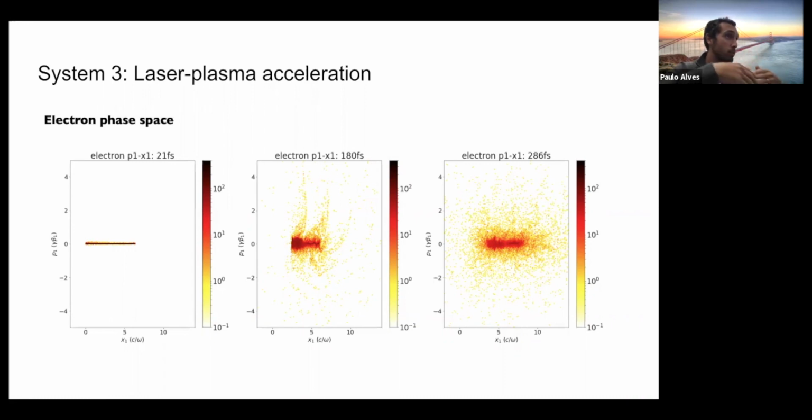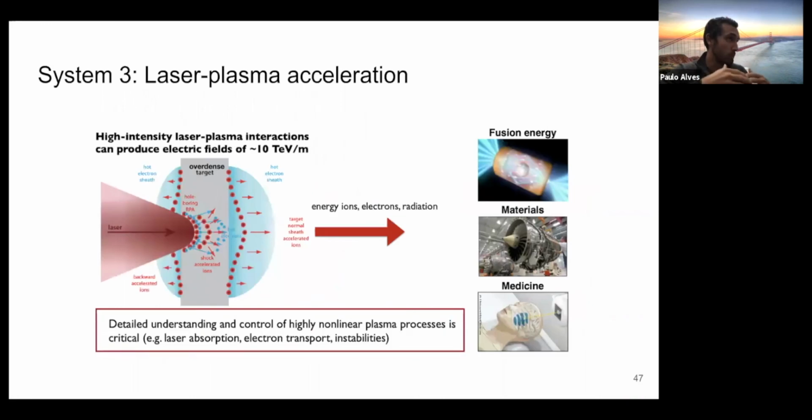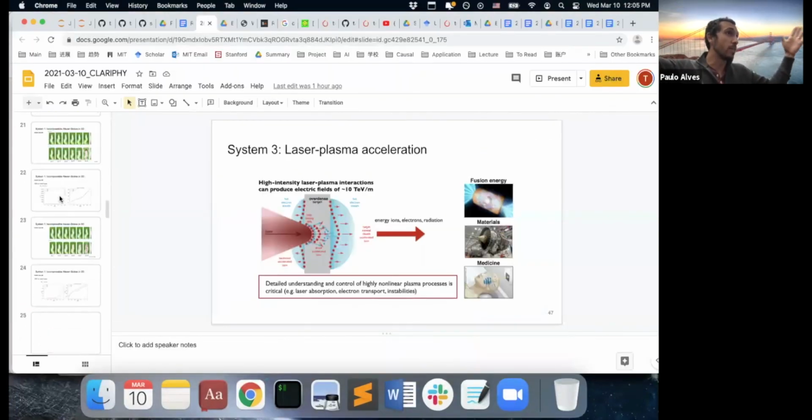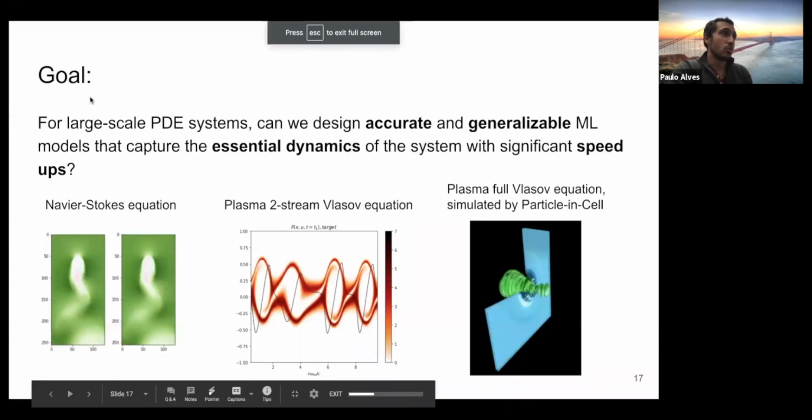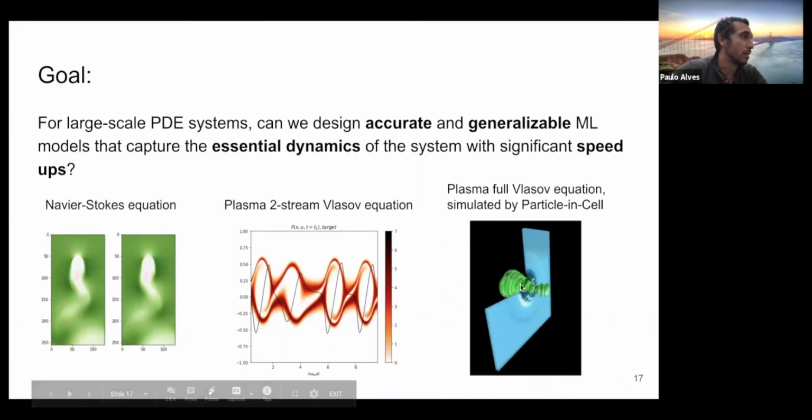The place where we will see a transformative gain, orders of magnitude speed up, is when we go to 3-dimensional, really large scale simulations. There we expect to get significant speed ups. Yeah, so that was the last addition I wanted to make there.